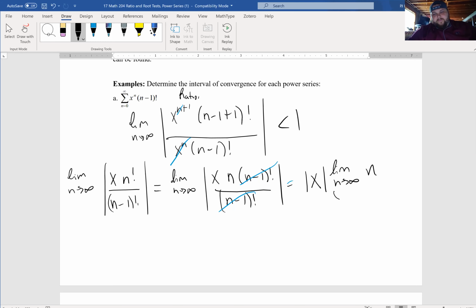Now, if I evaluate the limit first, that limit is going to be infinity all day long, right? Which means I don't care what x is. But what if I plug in x first? What value of x would make this quantity be less than 1?